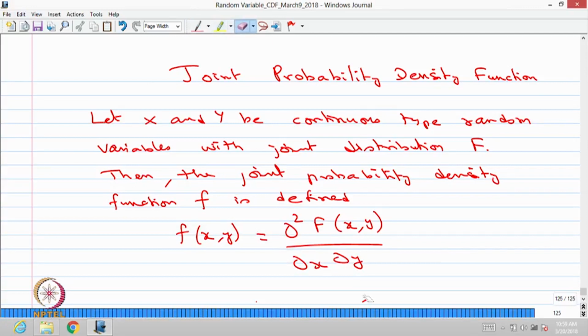It's a second order partial derivative which is the same as the partial derivative of CDF with respect to y, x.